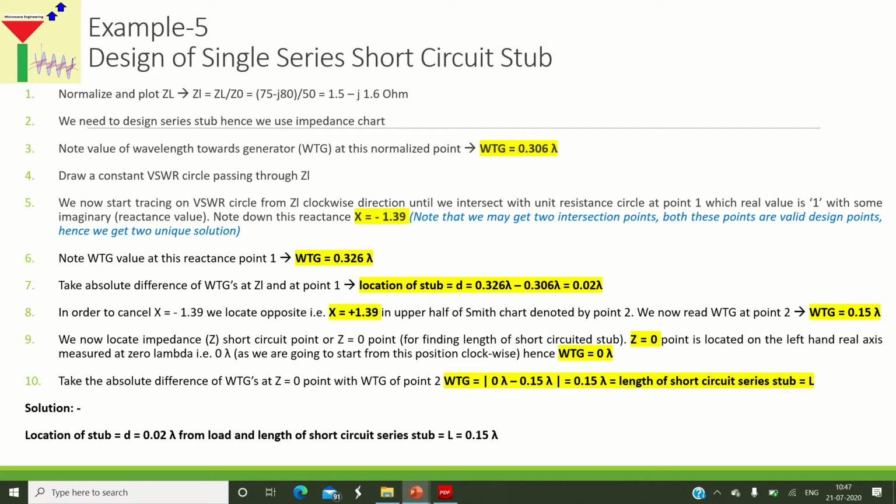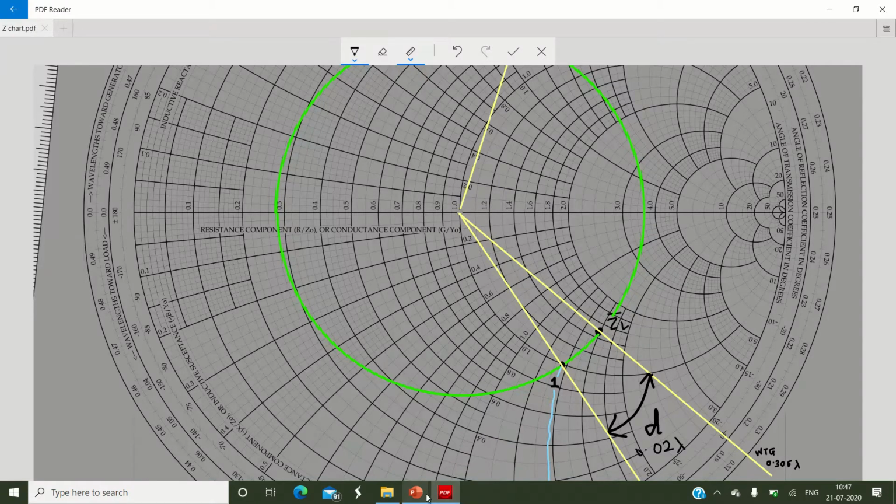Therefore we need to find the point representing impedance short circuit. Impedance short circuit means Z is equal to 0. So try to locate in the Smith chart where the point Z is equal to 0 is.